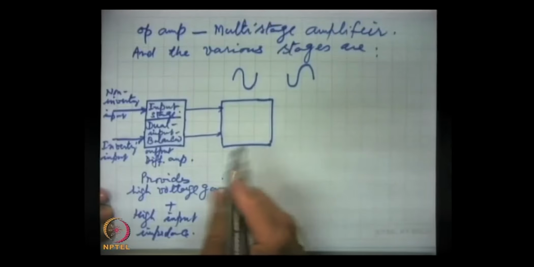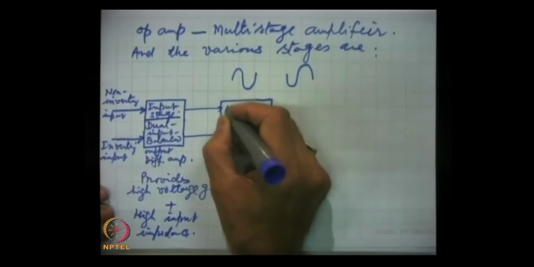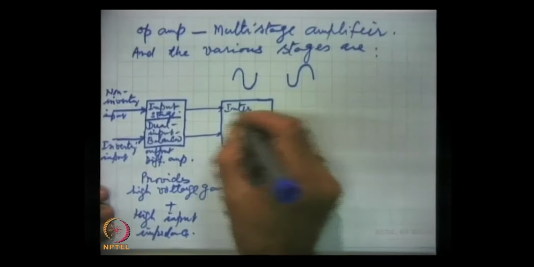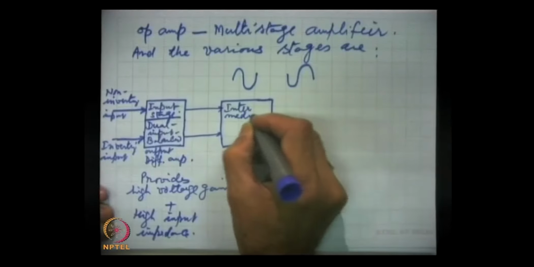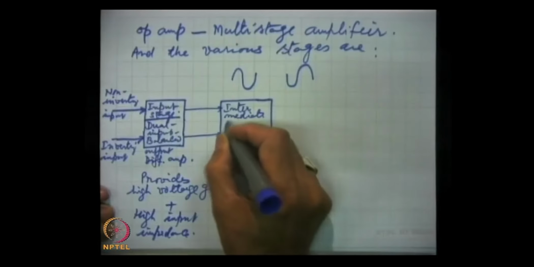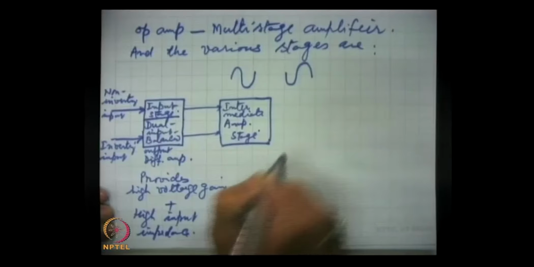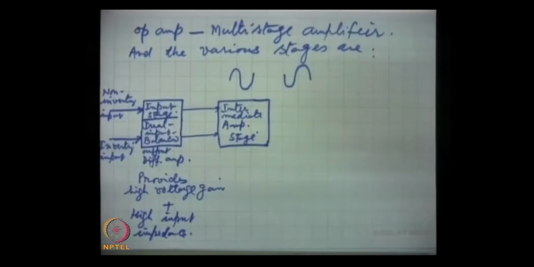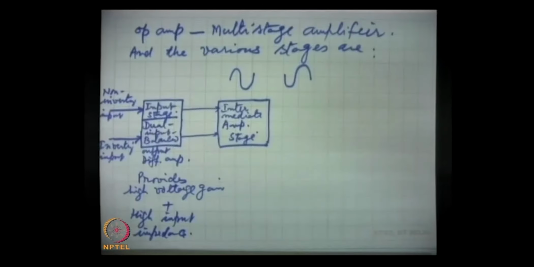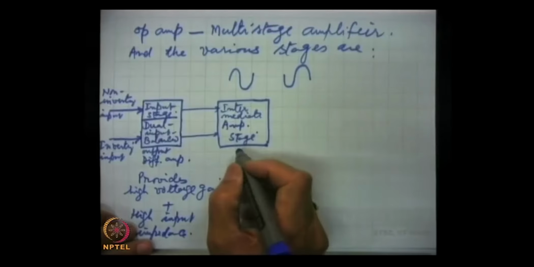This is the intermediate amplifying stage, to further amplify the signal, and this is again normally a differential amplifier.